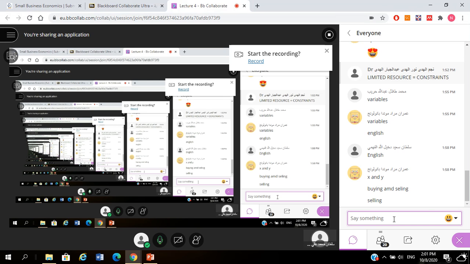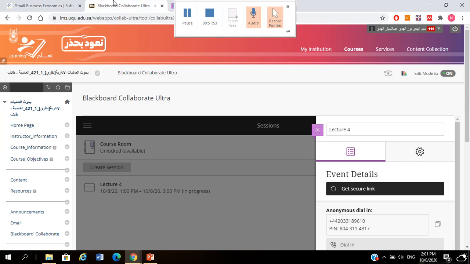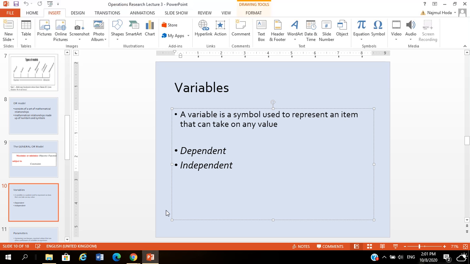So, in dependent and independent variables, what you should understand is that one is the result of the action. As I gave you the example, dependent is profit and independent is sales revenue, meaning sales affect profit.